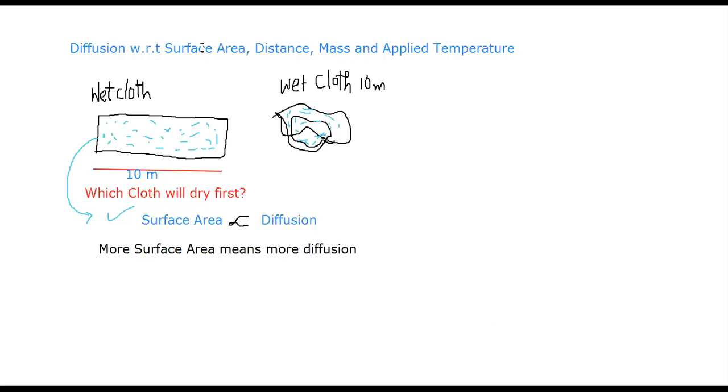Now, what kind of examples do we have in living organisms? Let's suppose, what are the different examples? One of the examples, alhamdulillah, is alveoli in the lungs.